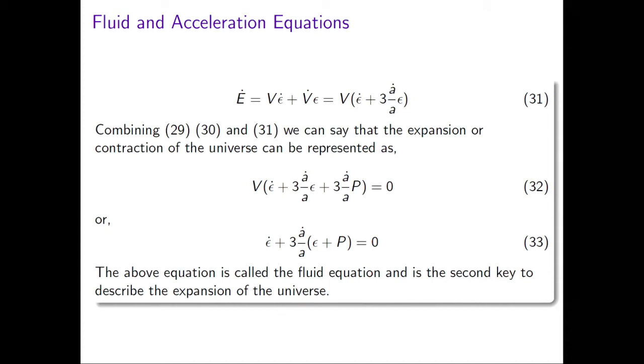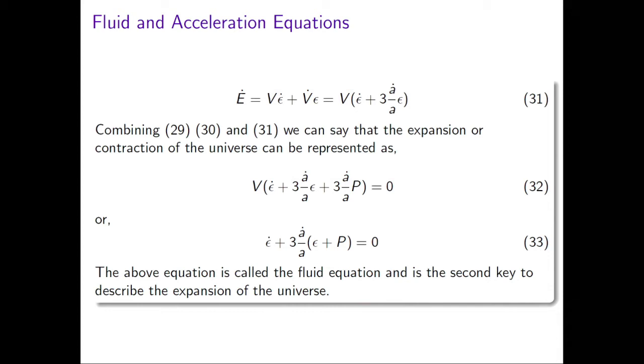If we combine equations 29, 30 and 31, we get V times the bracket of epsilon dot plus 3 a dot by a times epsilon plus 3 a dot by a times P, which is equal to 0. Since the volume cannot be equal to 0, the term inside the bracket should be equal to 0.